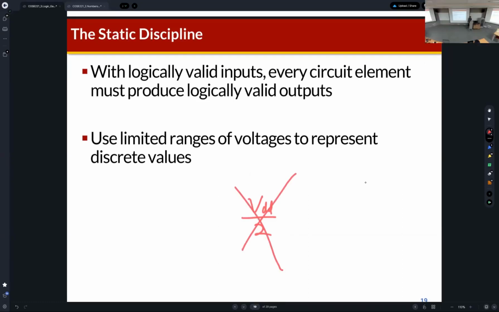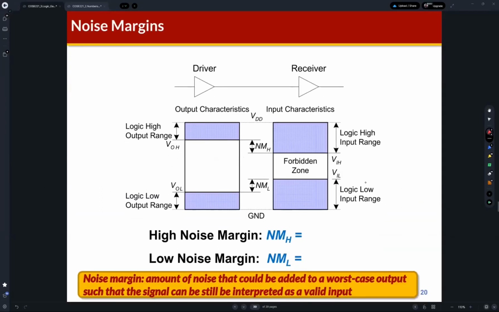So we need to set the real conversion rule in the circuit like this. This figure shows the conversion rule of the output of the digital logic and then the input of the digital logic.